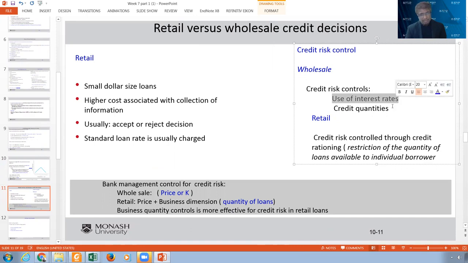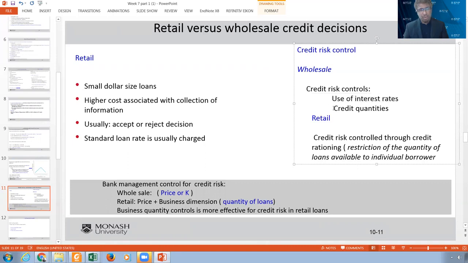So when they come to take more and more loans, then you increase the interest rate. And if you increase the interest rate, the wholesaler will say, no, I don't want more loans because it's already expensive for me, because they can analyze and they have the rate of return and they can calculate it. So they will react.